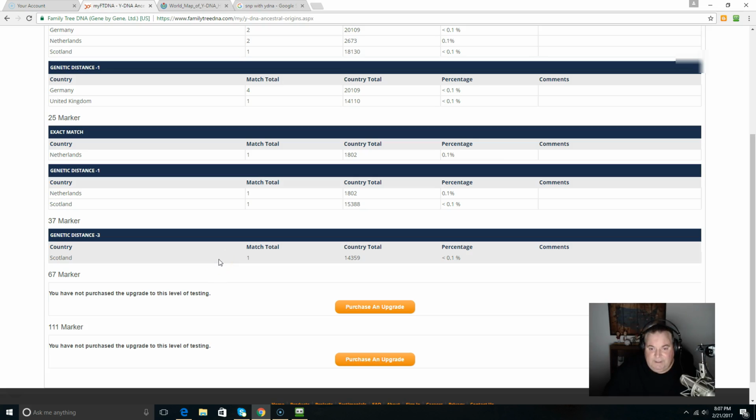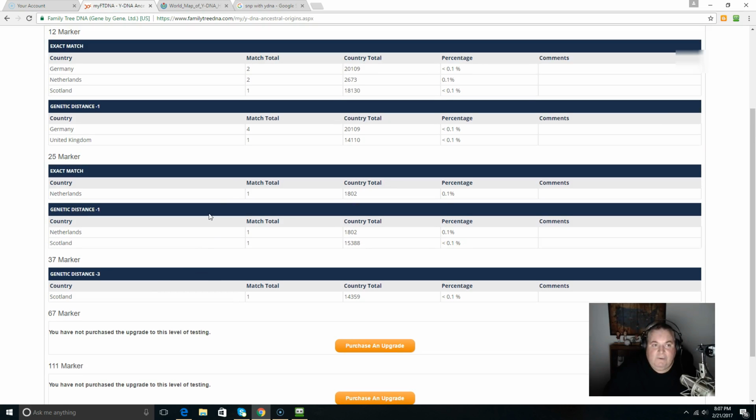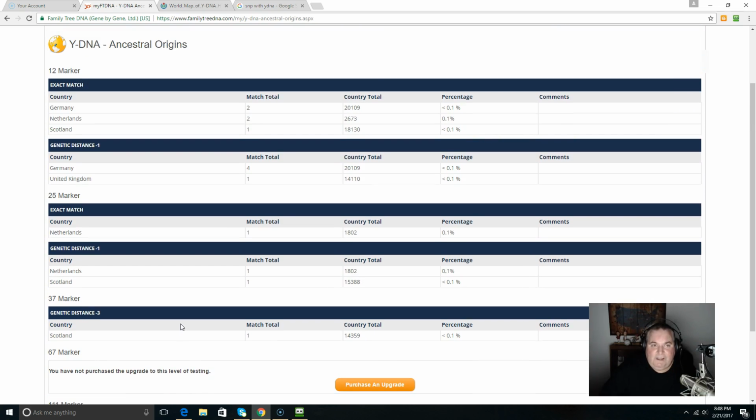Now, that doesn't mean that my fathers were from Scotland or the Netherlands or Germany or any other country that's listed here, but you've got a relative, a potential relative that is related to you amongst your paternal line somewhere back in history. Now, that's the hardest part about figuring out how you are related. And there's a complicated way to go about it.